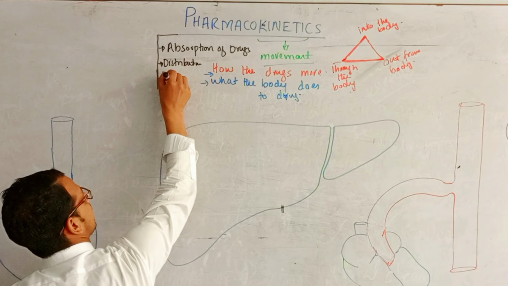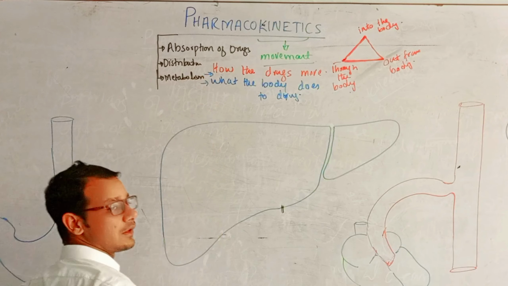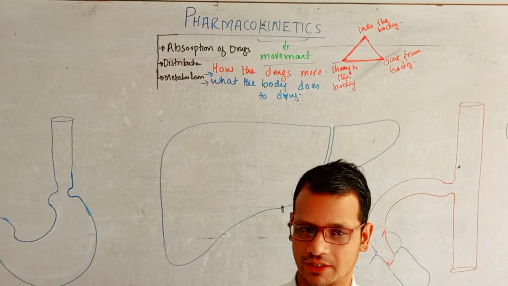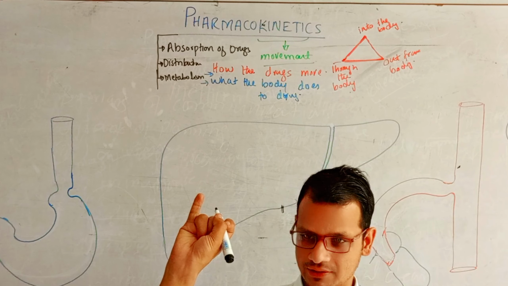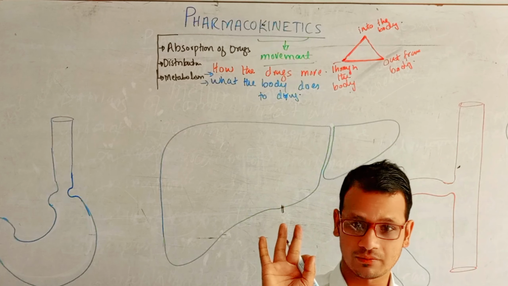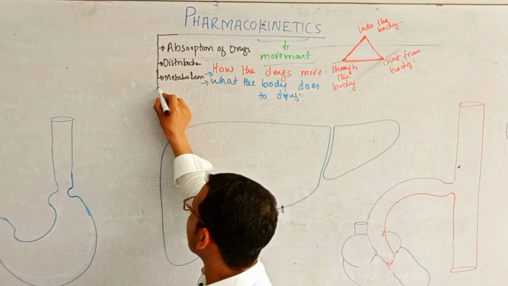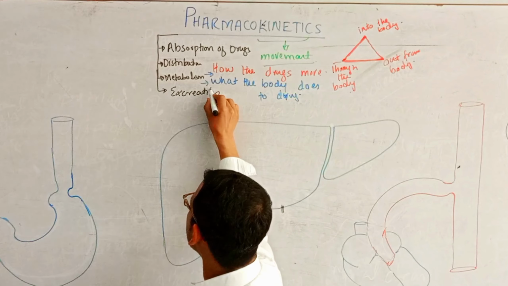Third is metabolism. Metabolism is also known as, here in pharmacology, biotransformation, and we will discuss first order kinetics, second order kinetics, and zero order kinetics and metabolism. This is your separate chapter, right? And last there is excretion.